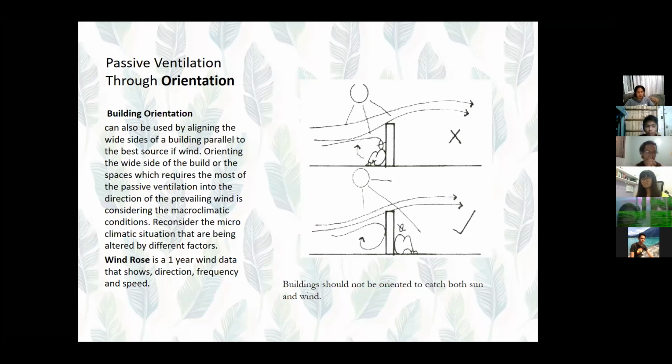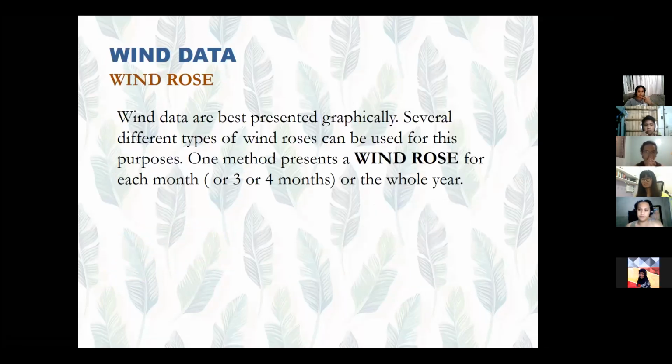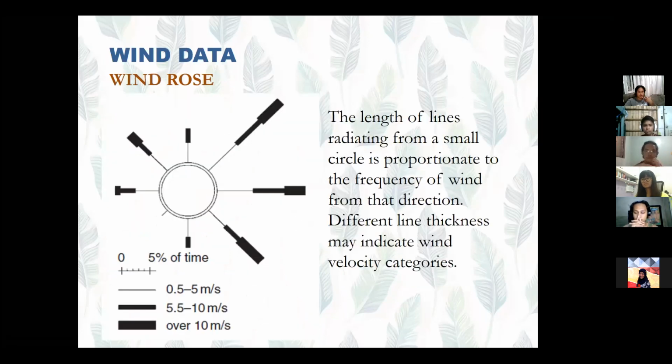So, windrose, yan. Wind data best presented graphically. Okay? In wind data, windrose, may naka-indicate na lines that indicate period, duration, speed. But the best way is to have this one.